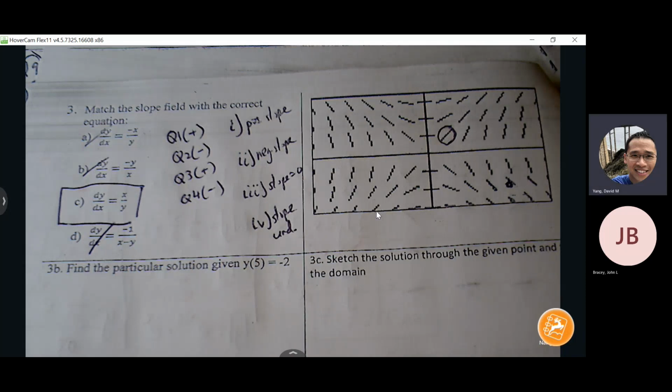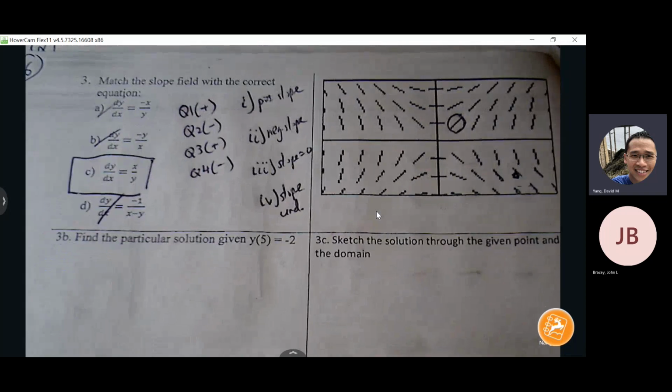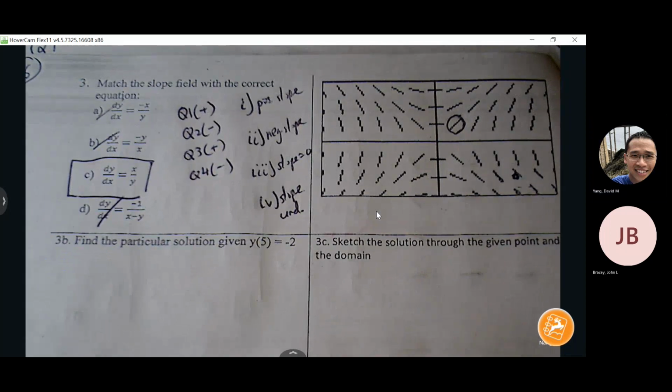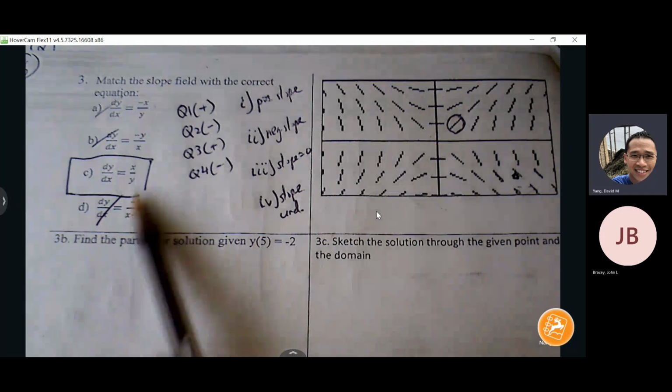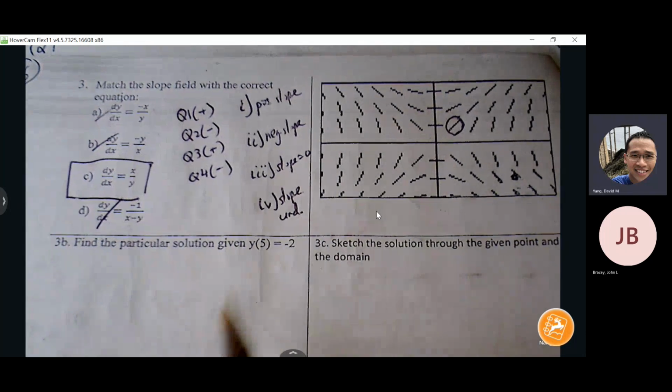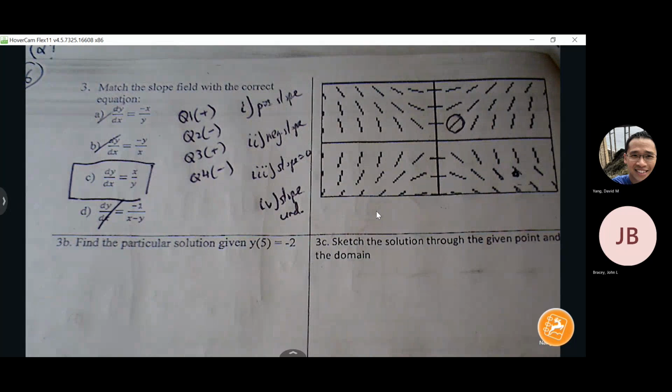All right, so part B says find a particular solution. We know we're starting with this, so we'll find the particular solution. Cross multiply.